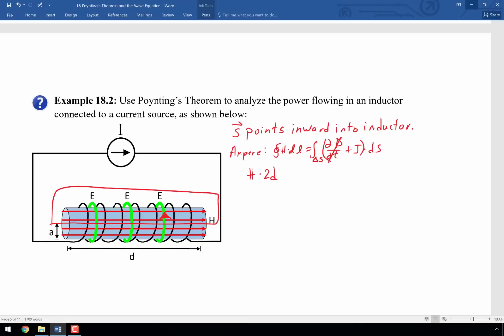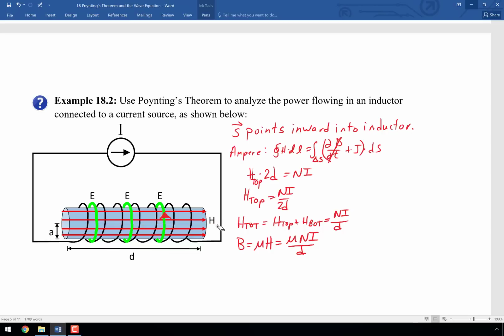H times 2d equals N times I, and H of the top, I should specify, is equal to NI divided by 2d, and H total is equal to H top plus H bottom, which is just NI over d. And then similarly we can write B, which is mu times H, is just mu NI divided by d.